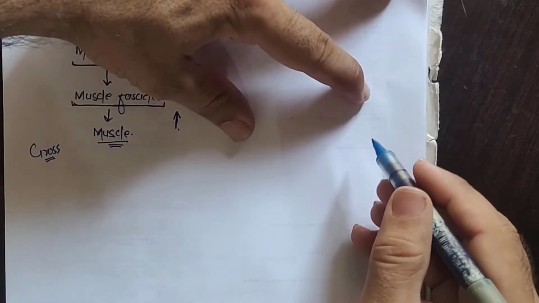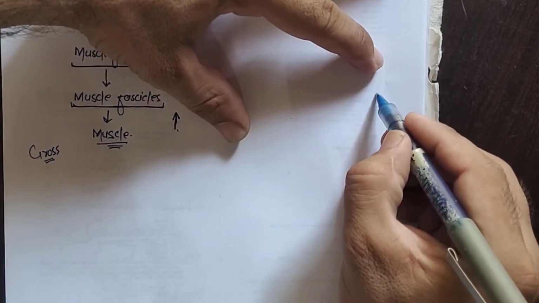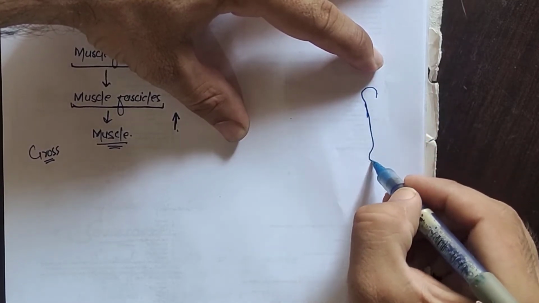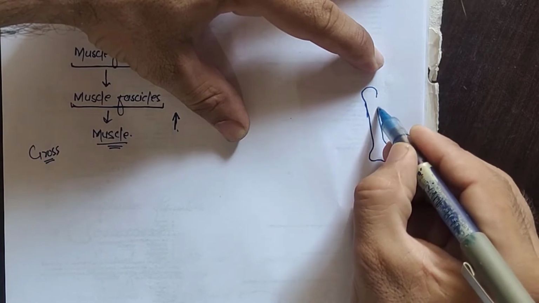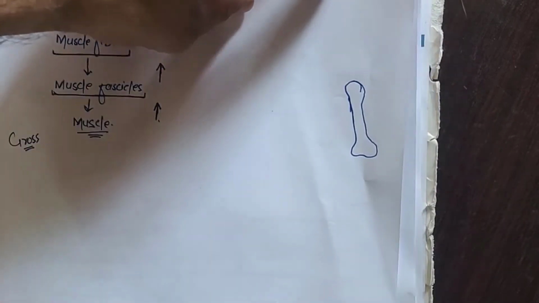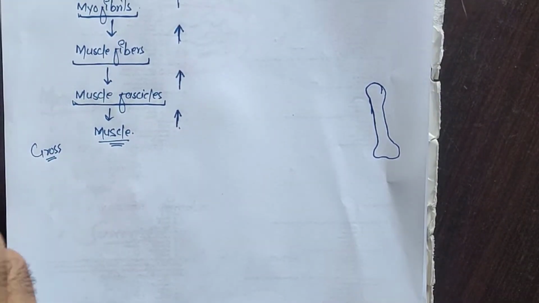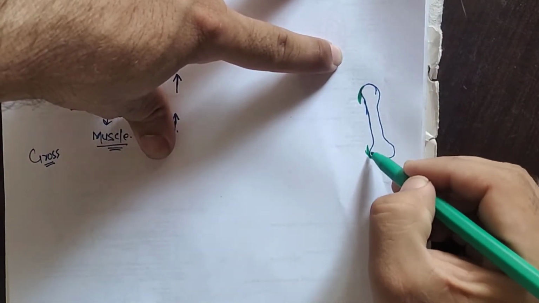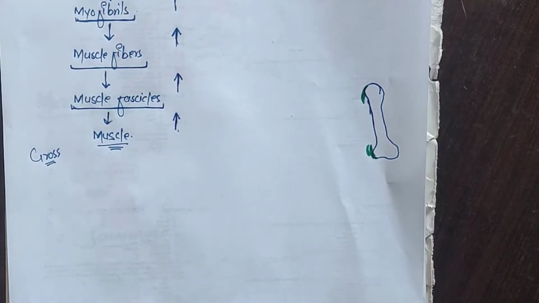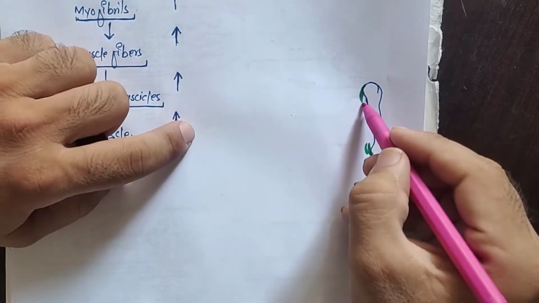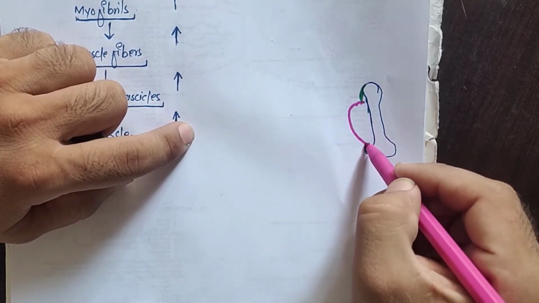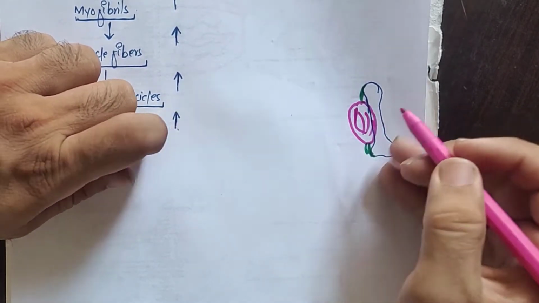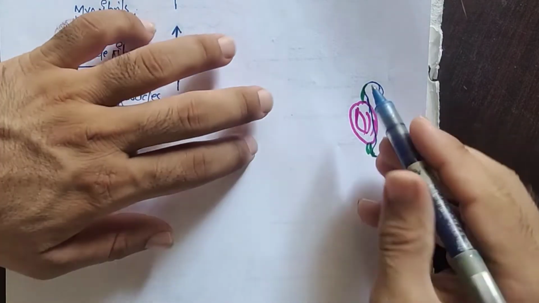Look friends, if here we have a bone, for example, right, this is a bone, okay, and with this bone there is connected a muscle, right. This is the tendon of that muscle, okay, and then here is the muscle itself, right. Now let me make a section here.